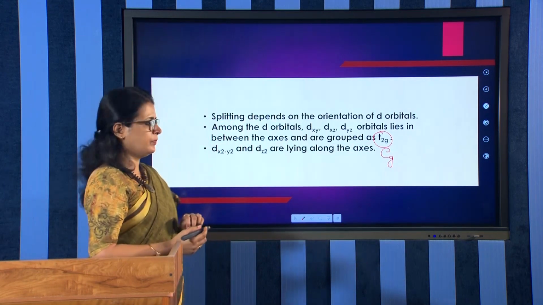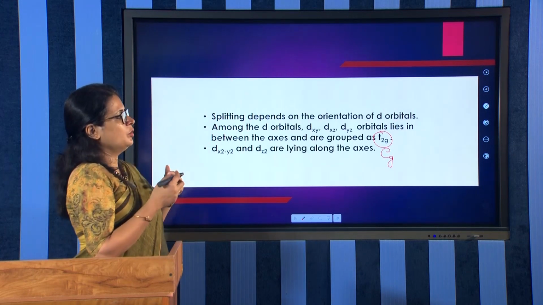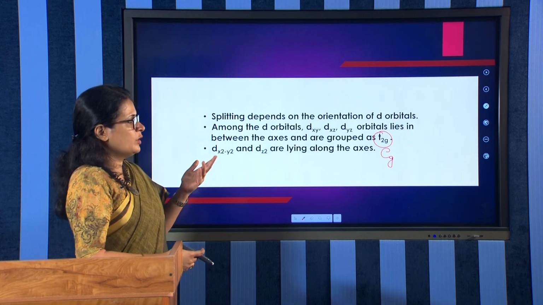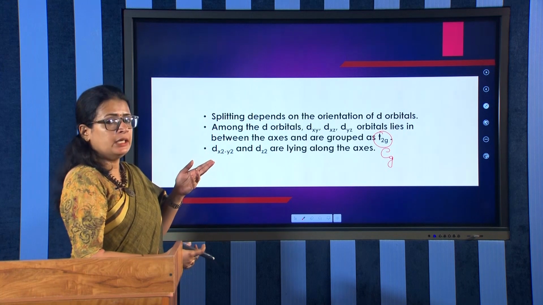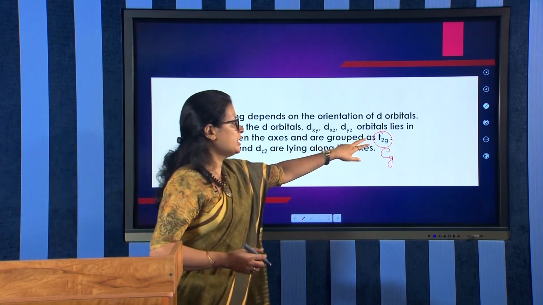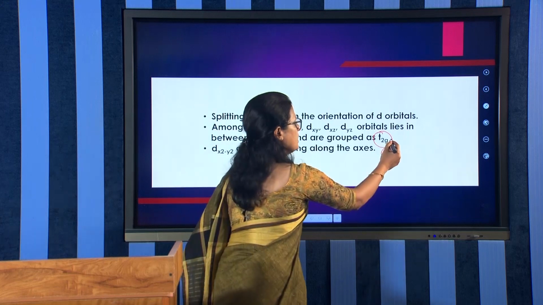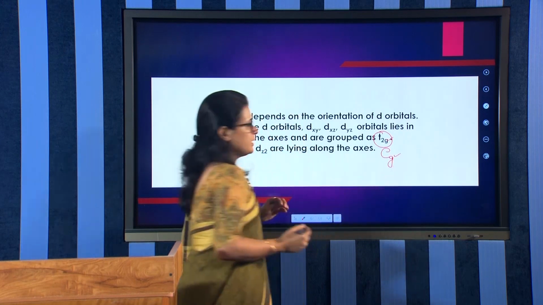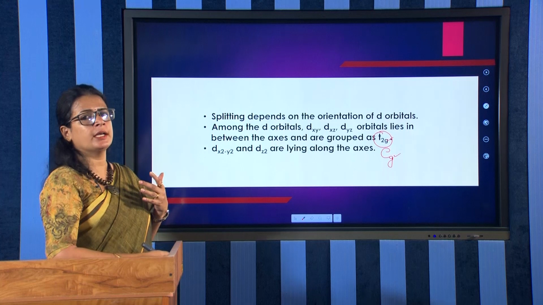T2g and eg. And you might be wondering, what is this g in T2g and eg? Why is this g included in this case? We are speaking about octahedral complexes.